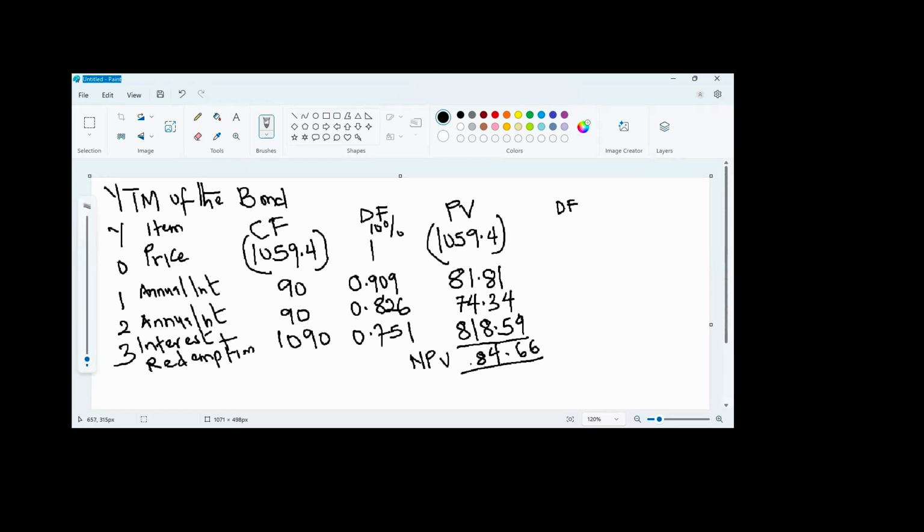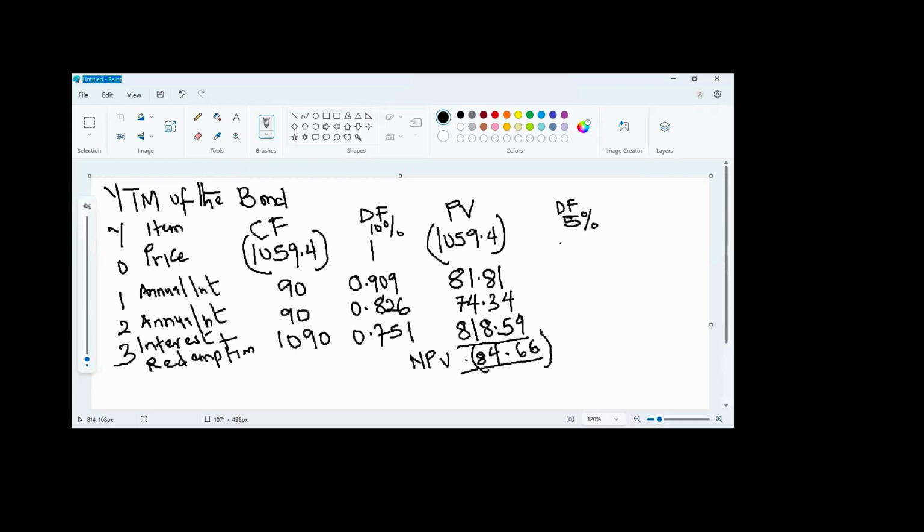Now that means for me to get a positive, I need to reduce this discount rate. Is that not so? So we can go to like 5.